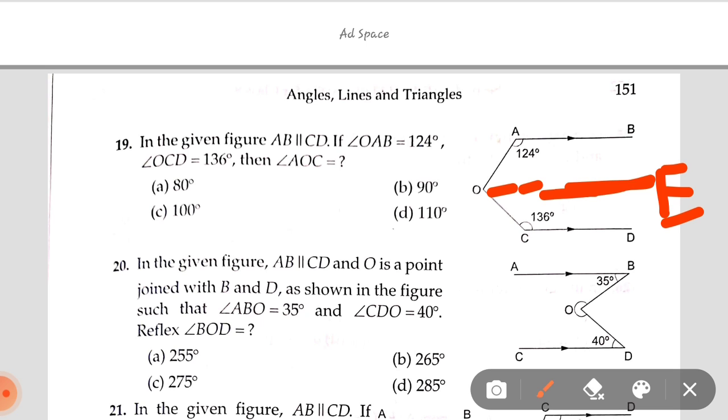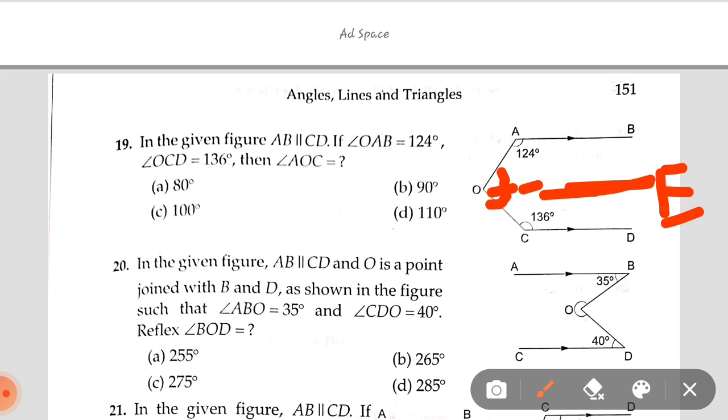Now from the rule of parallel lines intersected by a line, there are intersecting lines AO and CO. Then you find that angle AOC, if there is x, then the sum of angle EOC plus 136 degrees is equal to 180 degrees.